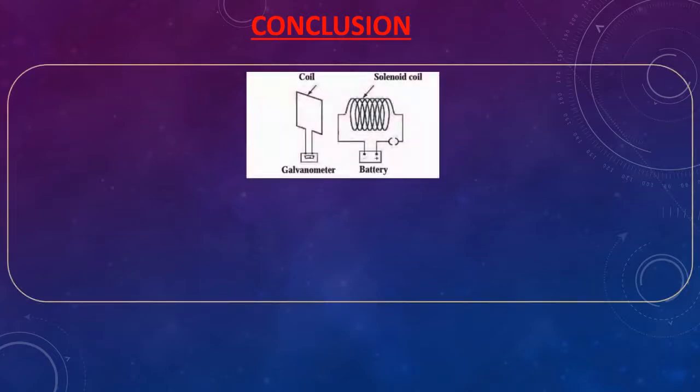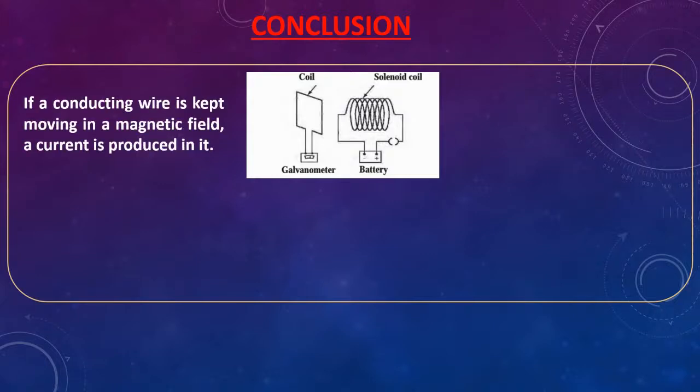Like in the previous three experiments, we have seen that there is a deflection shown in the galvanometer by the pointer. So what is the conclusion of all these three experiments? In the first experiment, we studied that if a conducting wire is kept moving in a magnetic field, a current is produced in it, right? That means when this conducting wire or a magnet is moved, a current is produced in the conducting wire.